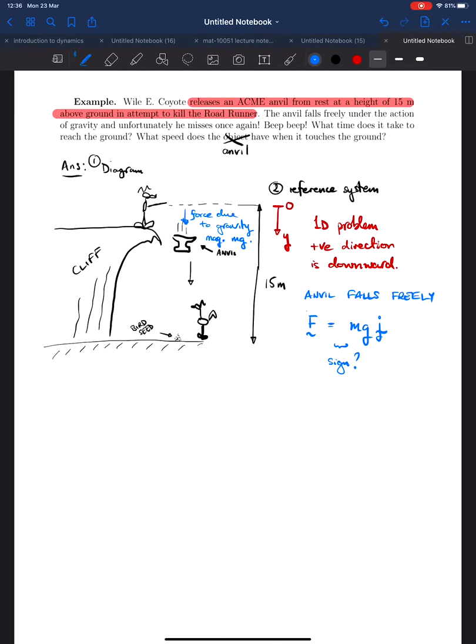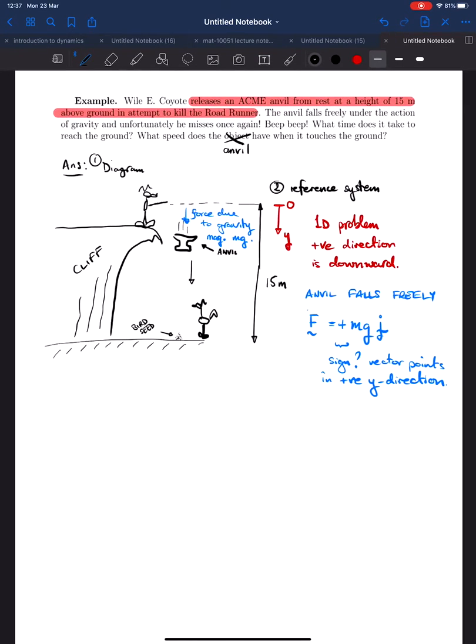Well, this is straightforward in this case because the sign is plus y because the vector points in the direction of positive y. Remember that I've chosen the y direction to be downward in this case. If I chose it to be pointing up, then of course we'd have minus mg. All right, so that's that.